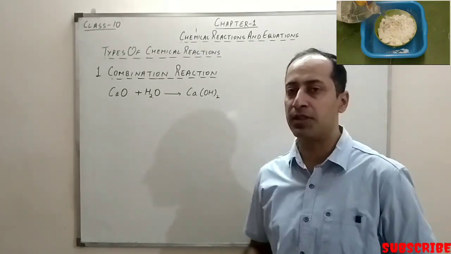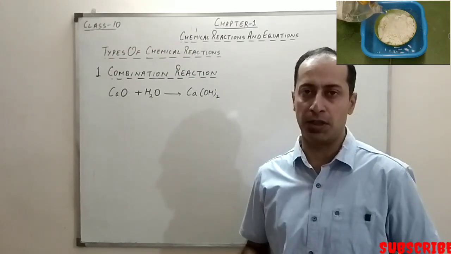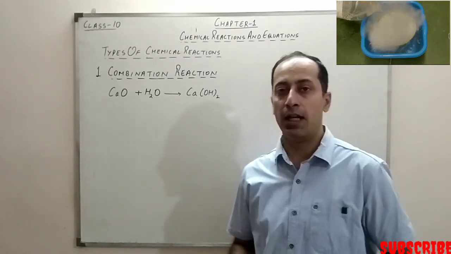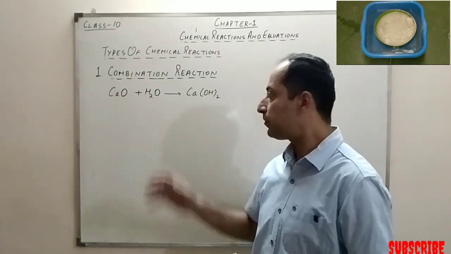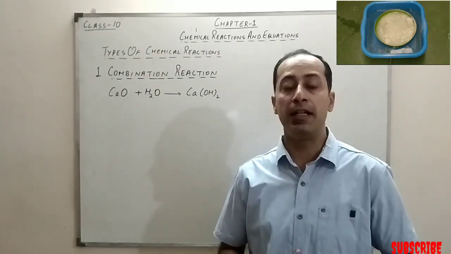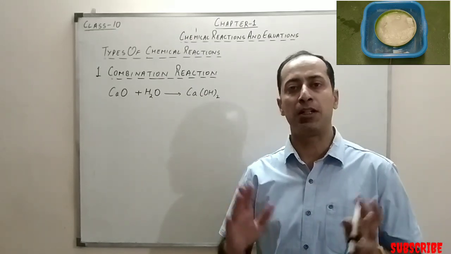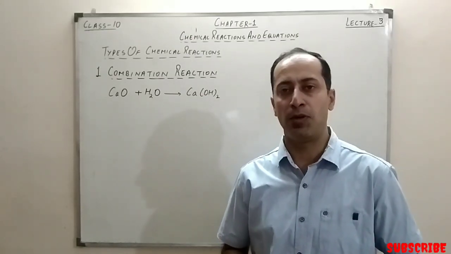So this calcium hydroxide is used for whitewashing. Now when these two combine, a lot of heat is produced. That is why when we have to use this for whitewashing, it is mixed with water overnight so that it cools, and then next morning it can be used.